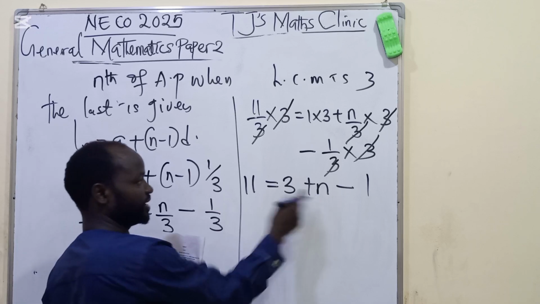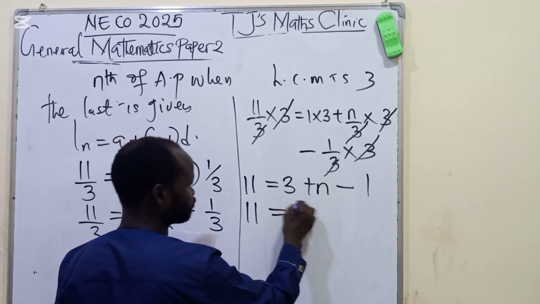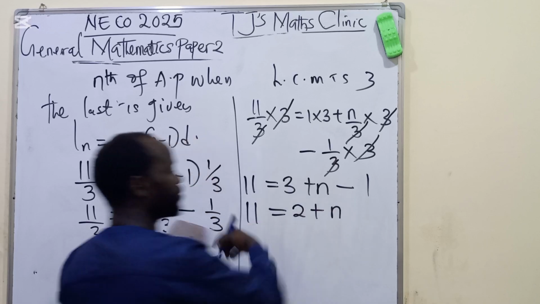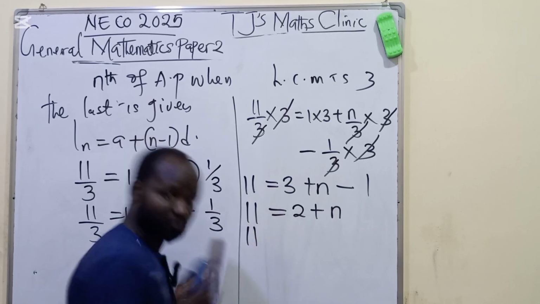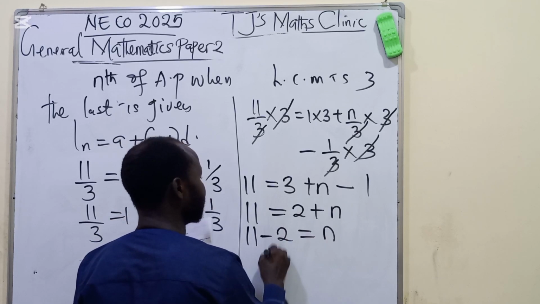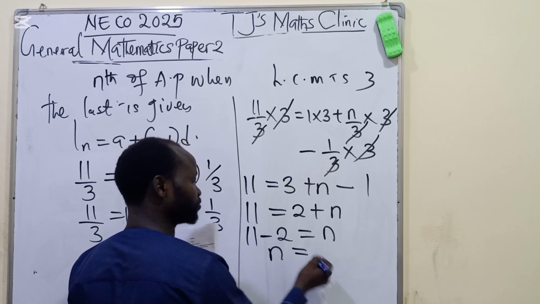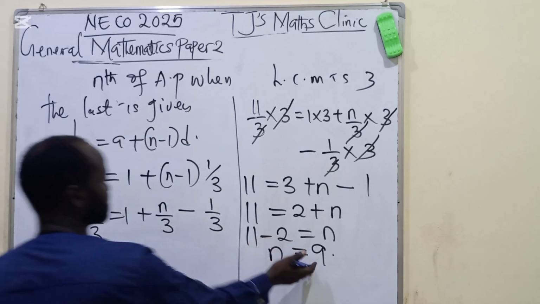Our aim is to find n. This will be 11 equals 3 minus 1, of course, is 2, plus n. We collect like terms. This will be 11, and crossing the equal sign, it will be minus 2 equals n. n now will be 11 minus 2, of course, is 9. So the number of terms is nothing but 9.